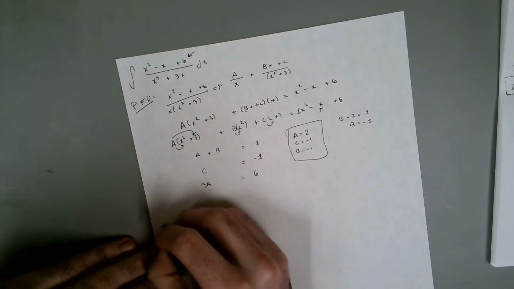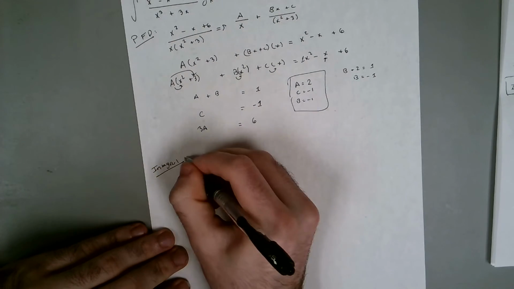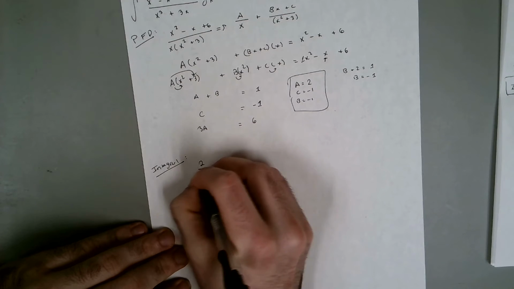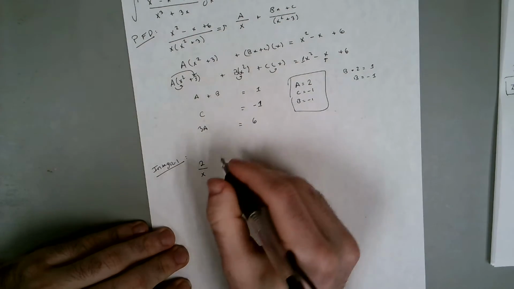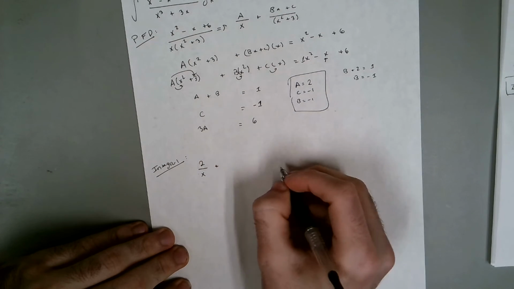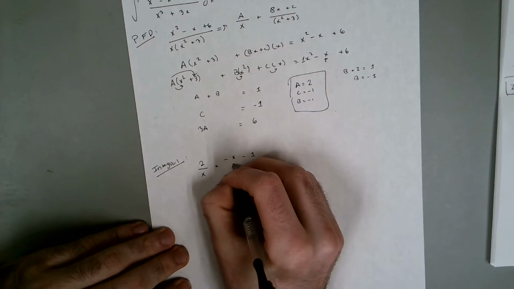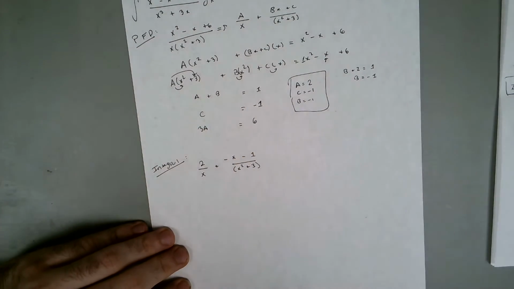Now we do the integral. And we've already split it up, so it would be 2 over x, and then plus negative x minus 1 over x squared plus 3.